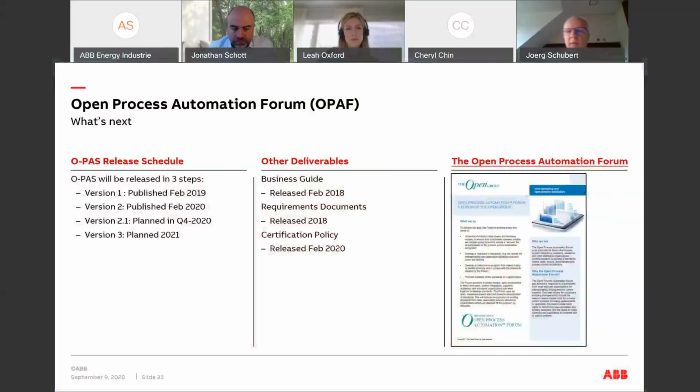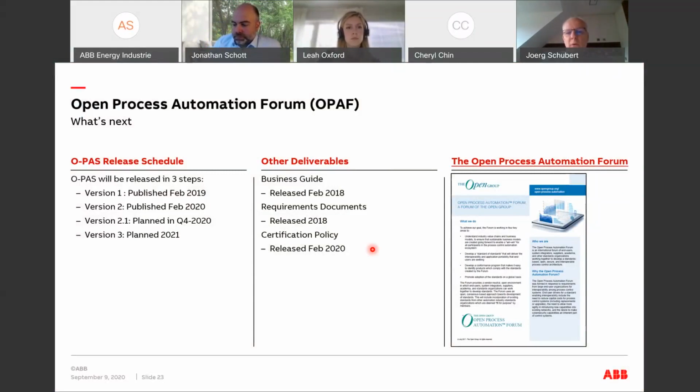Going forward, we will continue pushing in that direction. Our system architecture will embrace the elements that we have been talking about here in the overall system layout. So you will see moving forward open process automation technology being embraced in the product families of S Plus and 800XA.